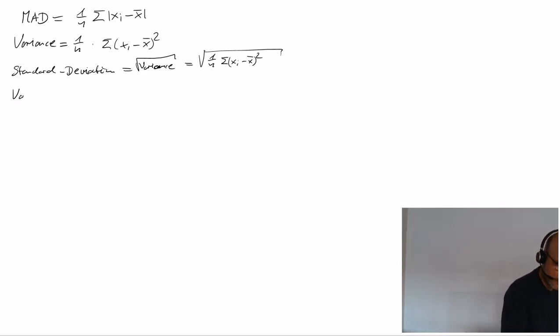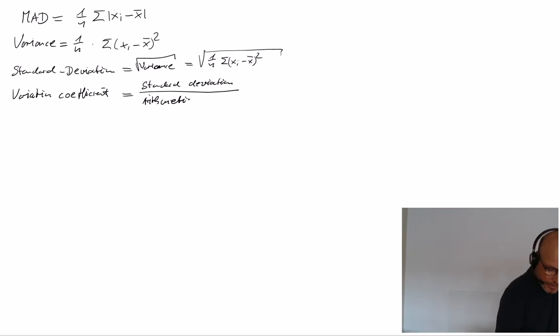So the variation coefficient is the standard deviation over the arithmetic mean.